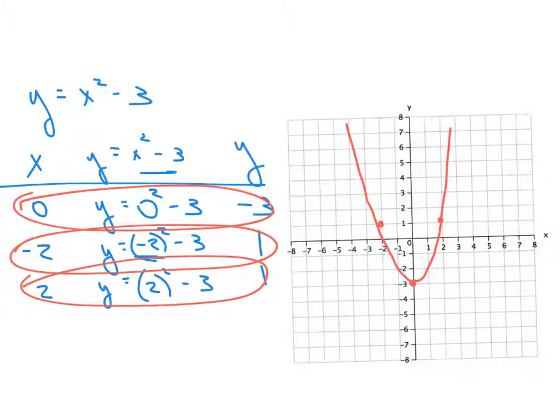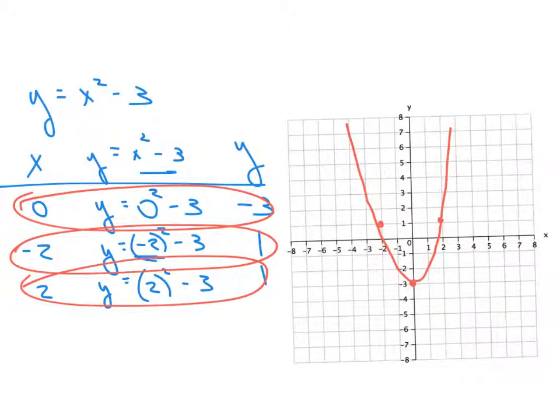Although I like to have 5 points, so 2 more, just to kind of tell me what's going on up here and up here. Okay, so I'd probably put in for x negative 3 or positive 3 or maybe even 4 to find out what's going to happen if this actually does go up that way. Okay, so that's one method of doing it.